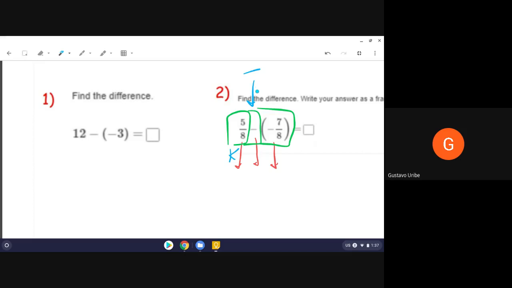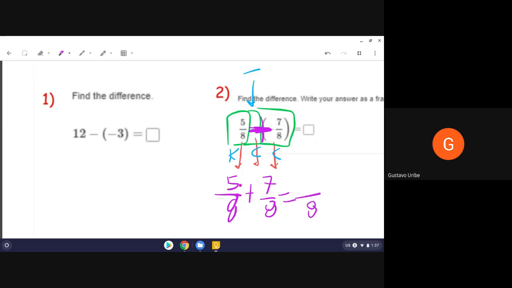You only use keep, change when it's a subtraction in the middle. Keep, change. Keep the 5/8 the same. Change negative to a positive, and then change my negative to a positive, which was the same as the shortcut, connecting them and making it a plus.